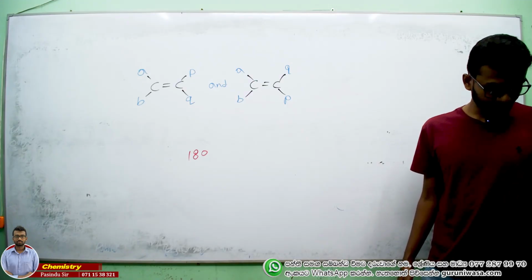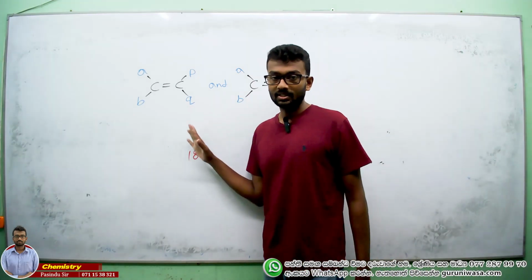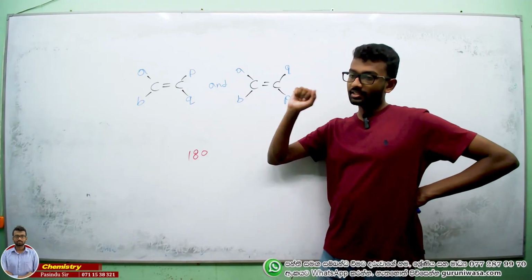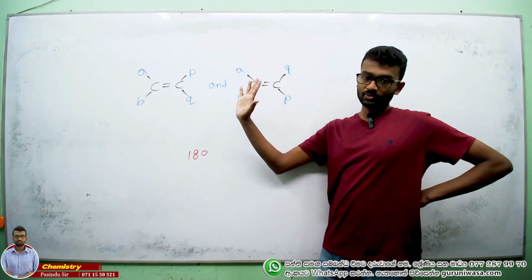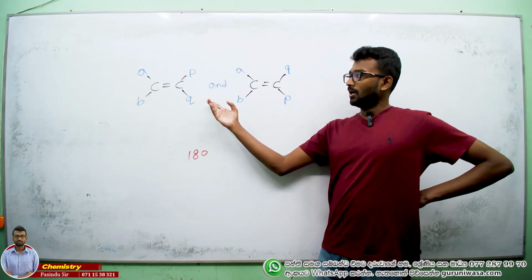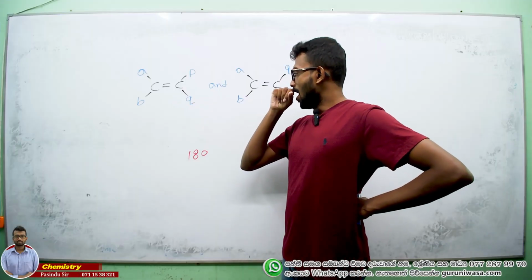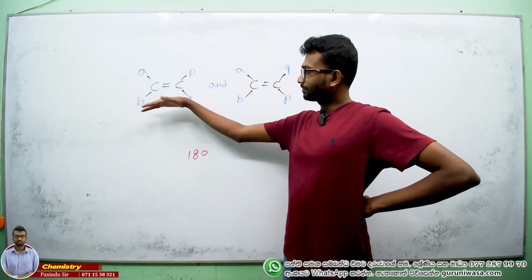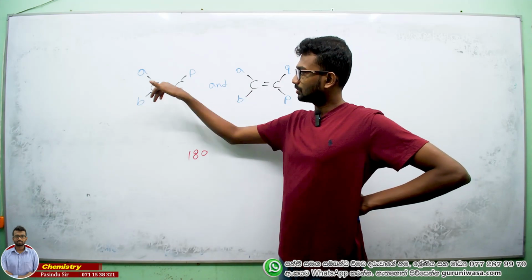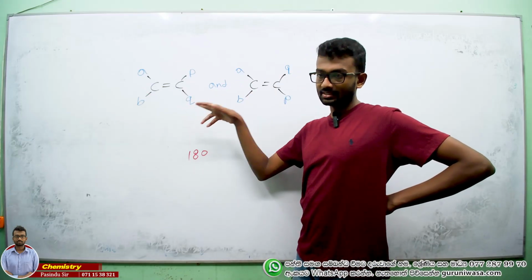Then, as I said, what are the requirements? You need a double bond, and 4 different types of groups. You need similar groups on opposite carbons, not the same carbon.